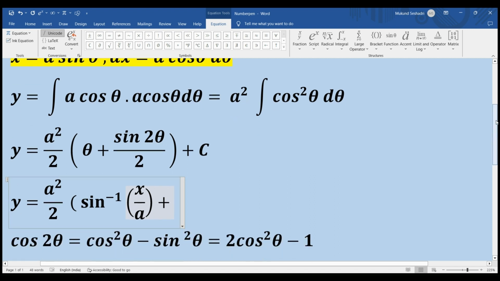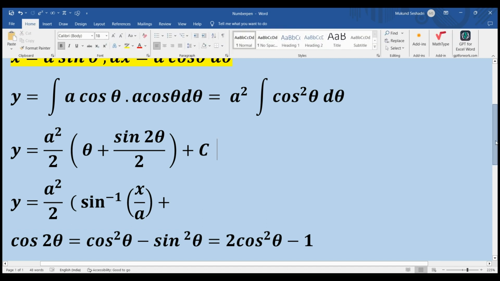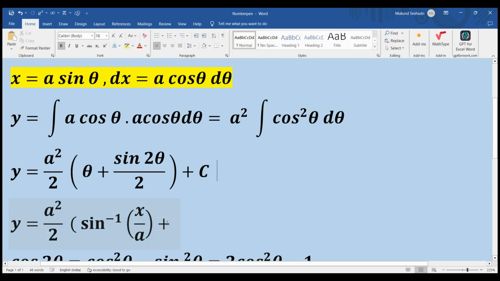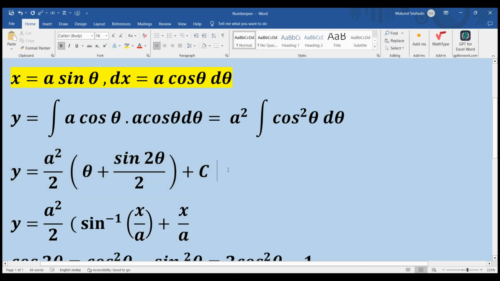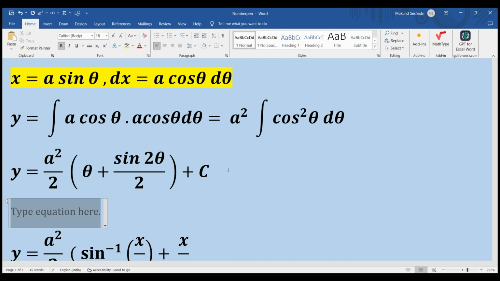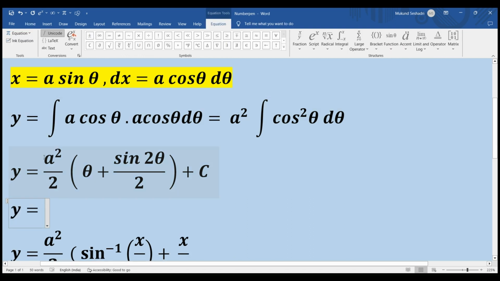And I come to my part two. What I see is that I have sine 2 theta divided by 2, because my sine 2 theta is nothing but 2 times sine theta cos theta. And when I divide that by 2, I get sine theta cos theta, right? And my sine theta is x by a, so I write it as it is. And maybe in order to avoid any confusion for you folks, I'll add an interim step here.